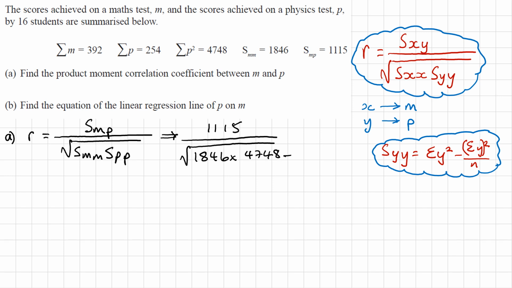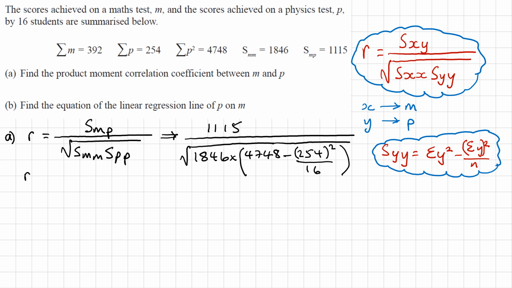minus, so we'll need to put this in brackets, the sum of Y all squared, which is going to be the sum of P all squared, so that's 254 all squared over N, and N is 16. So we'll just evaluate that. Let's make my fraction line a little bit longer there, and my square root all the way over here.